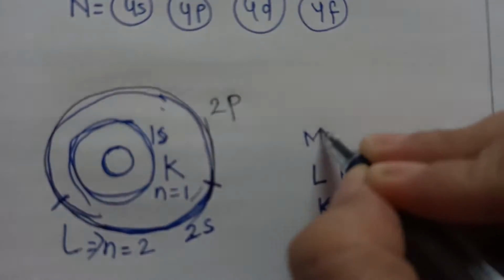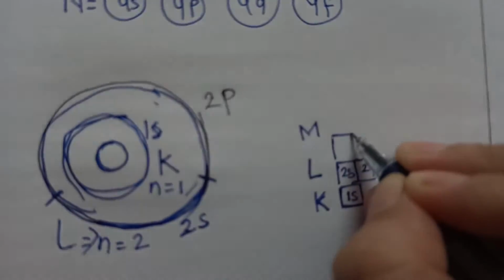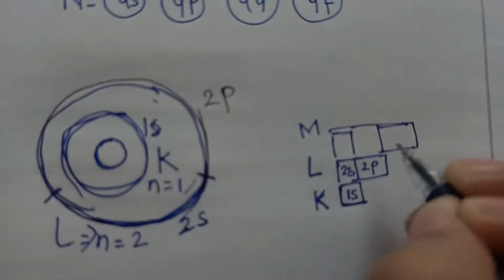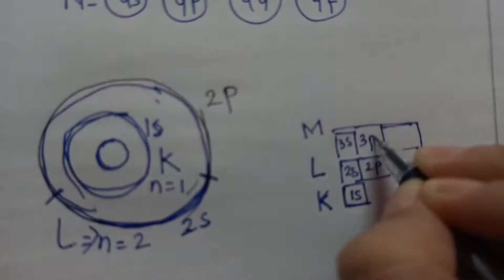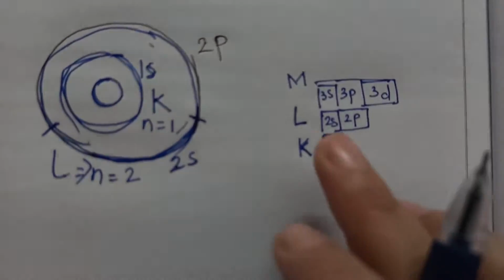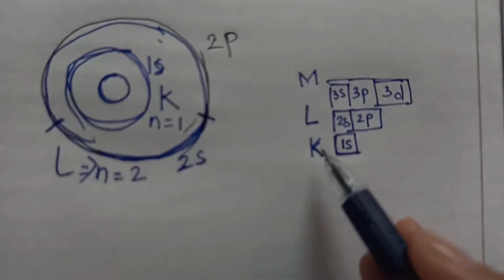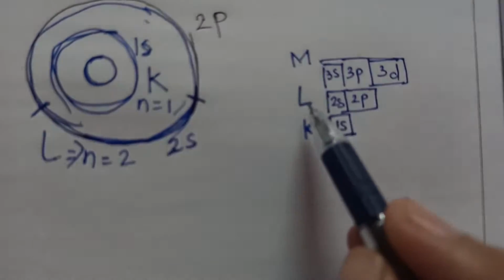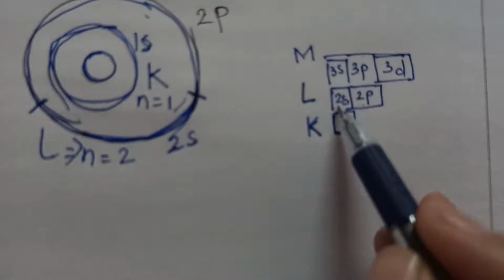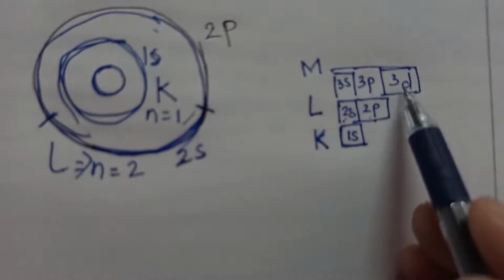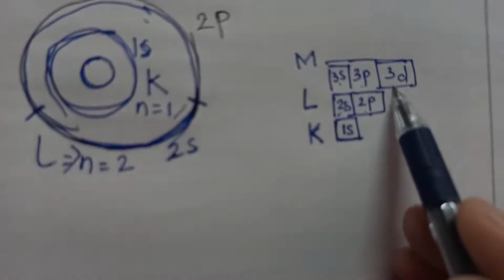Then the building has a third floor which has three houses, namely 3s, 3p, 3d, and so on. So what we have understood: K is the floor where only one house is there. L is the floor where two houses are there, 2s and 2p. M is the floor where three houses are there, 3s, 3p and 3d.